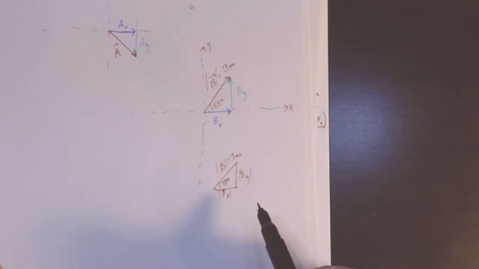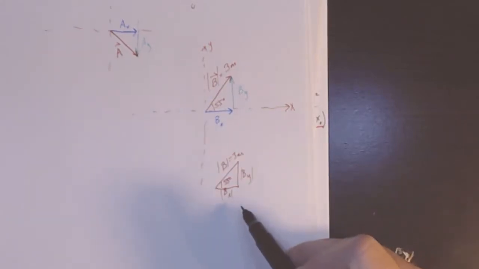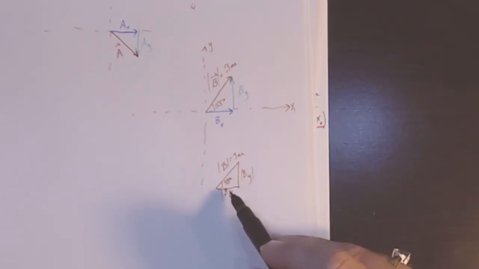If I'm looking at my right triangle, what I want to do is use my sine, cosine, and tangent functions to work between angles, hypotenuses, and sides.